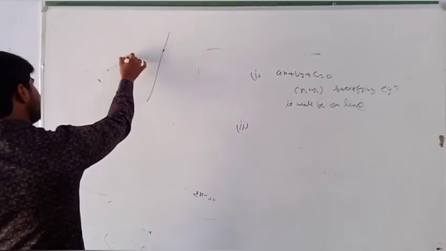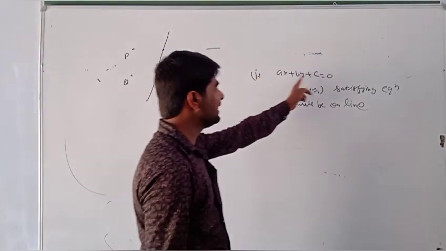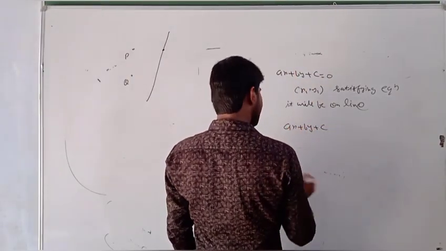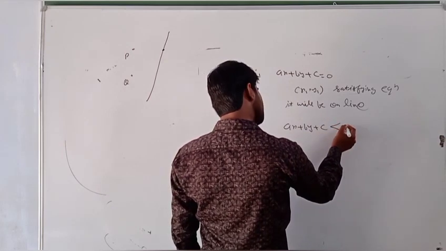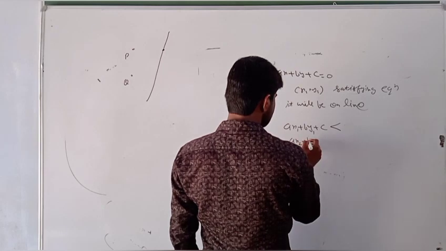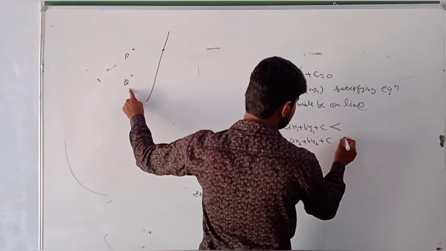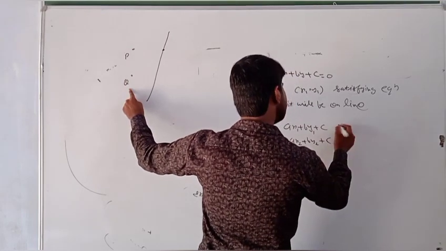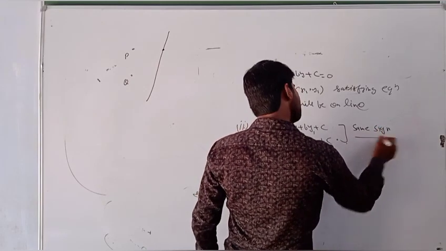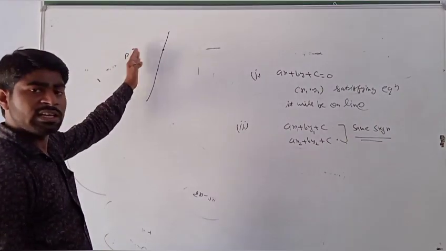Second, if two points are given to you, P and Q, you put them in this equation. If the values for P and Q both have the same sign, positive or negative, then they are on the same side of the line.